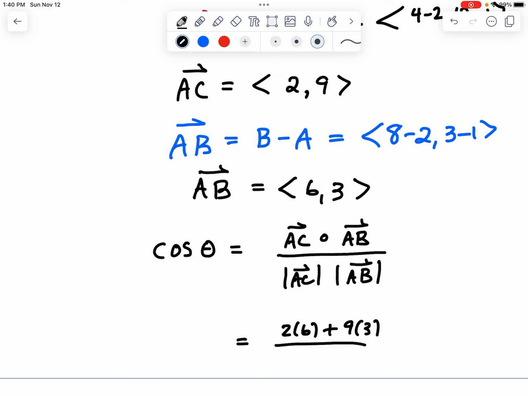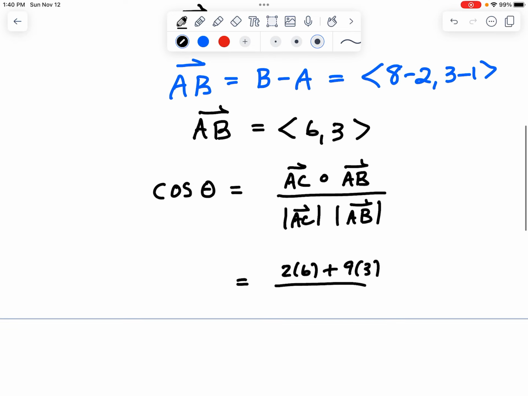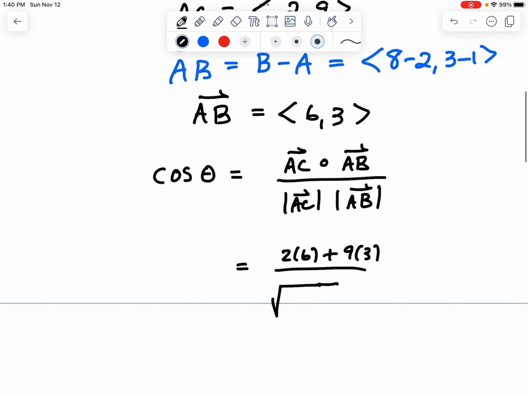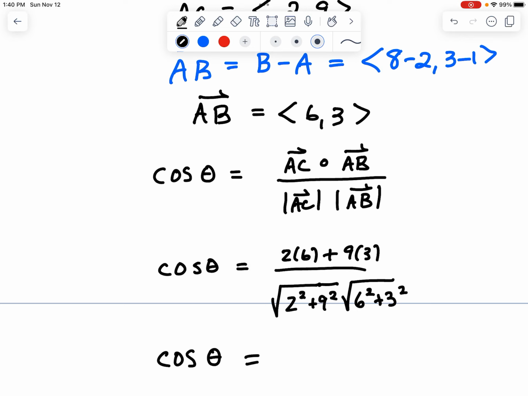And then for the length, that's going to be the square root of, so for the AC, that's going to be 2 squared plus 9 squared. And then for the AB, that's going to be 6 squared plus 3 squared. And cosine of theta equals that. So that is going to be a 12 plus a 27 on the top, so that's a 39.